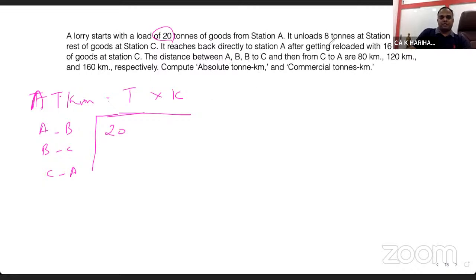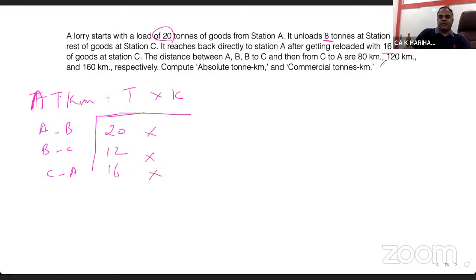B to C, how much? It unloaded 8 tons. Therefore, 20 minus 8 is equal to 12 tons. C to A, 16 tons. It's given in this question.